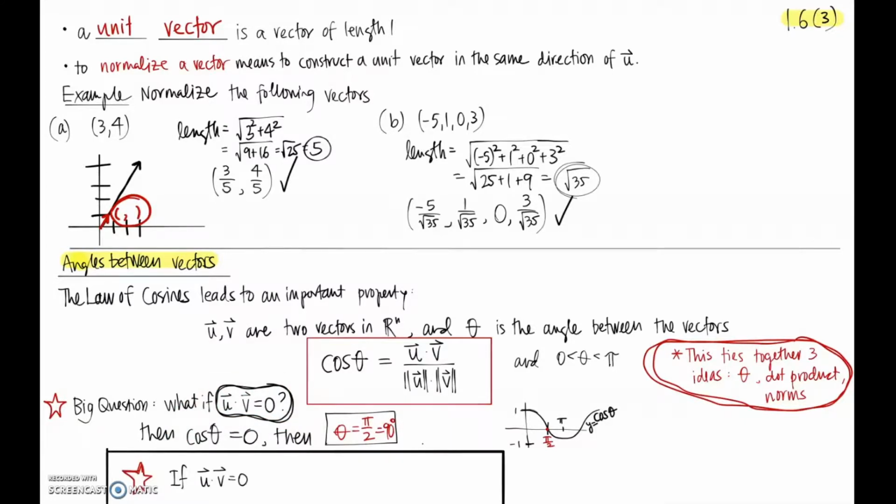So we move from this big question to this big result. If u dot v equals 0, then u and v are orthogonal.